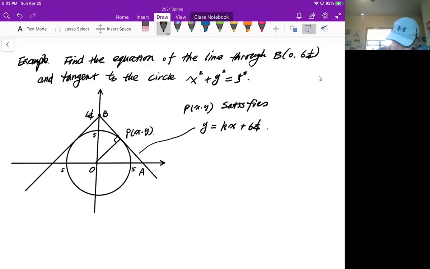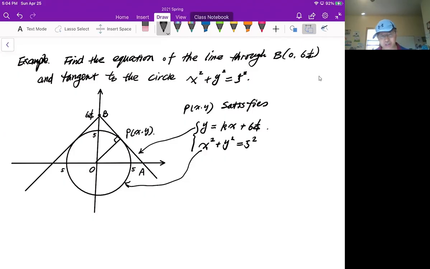This is somewhere here, right? So P is on the tangent line. The tangent line is y equals kx plus 6 and 1/4. That's one equation. Another equation is that it's a circle: x squared plus y squared equals 5 squared. So the point is on the circle and is also on the tangent line. So I can set up the two equations. Okay, but k will be decided later.